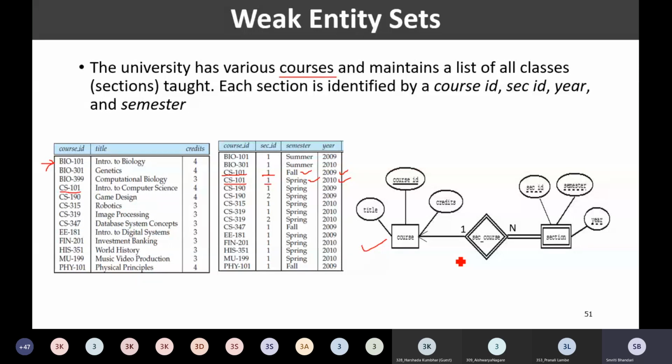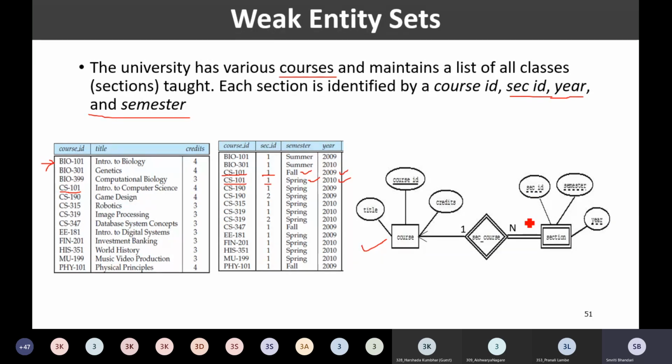If I only use this section ID to distinguish one section from another, it may not be helpful for me because the same section belonging to the same course can be taught in various different semesters as well as years. So I am making use of these three attributes, section ID, year and semester, which distinguish the sections of the same course from one another.